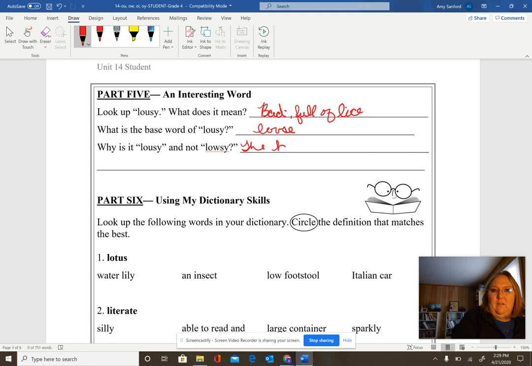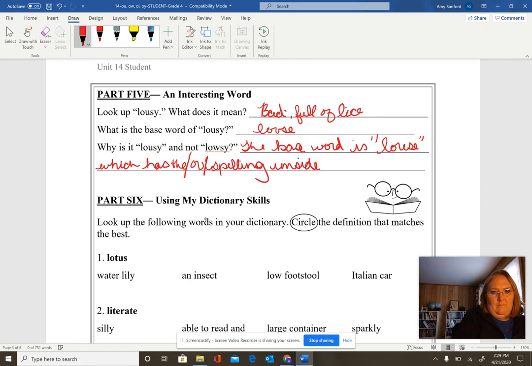The base word is louse, which has the OU spelling inside the word, in the middle of one syllable.